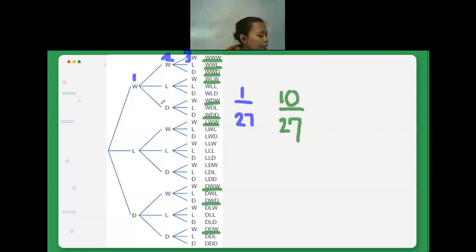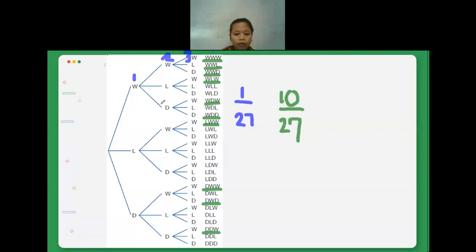Calculate the probability that the team loses at least one match. How many will it be? Anyone knows how many it will be?